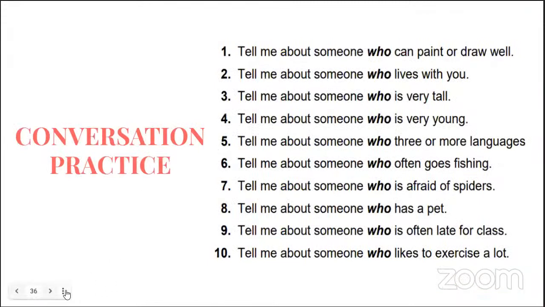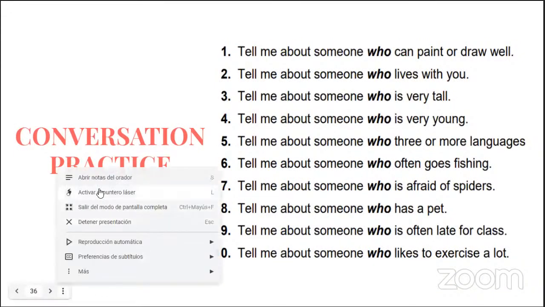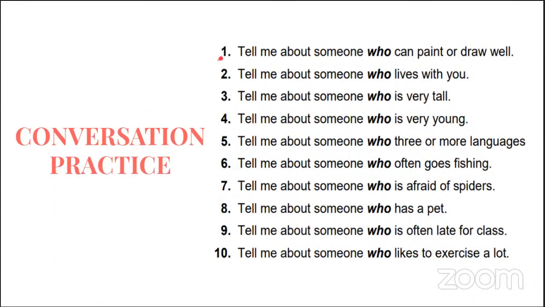And we are using adjective clauses as well. Let's begin with the first question, please. Tell me about someone who can paint or draw very well. Someone who can paint and draw very well.